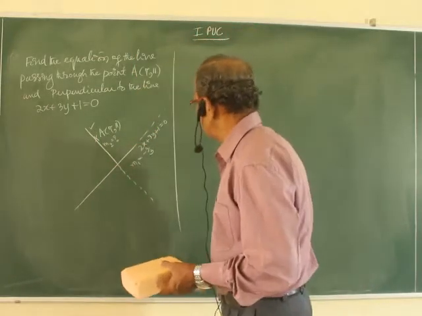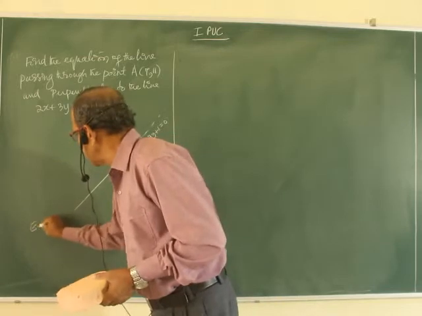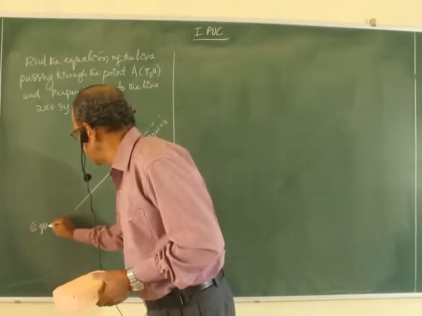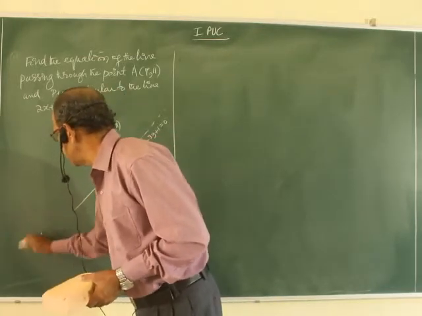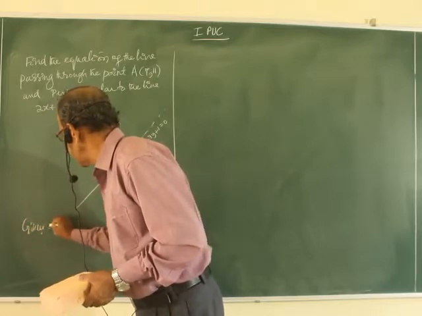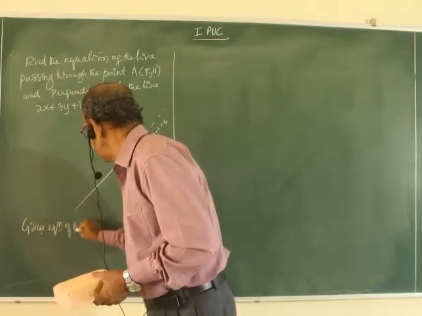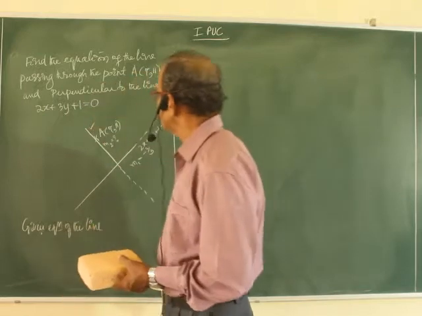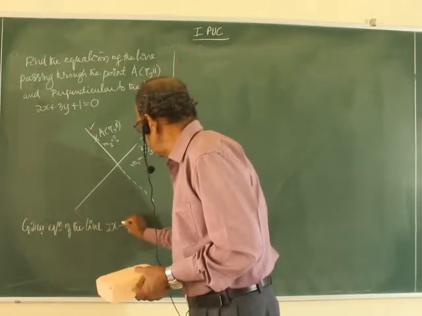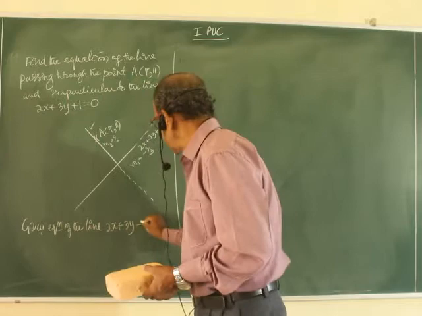Let me start one by one. Given equation of the line: 2x plus 3y plus 1 equal to 0.